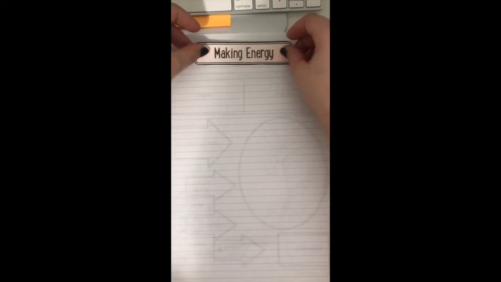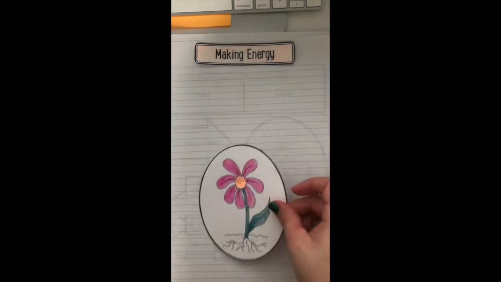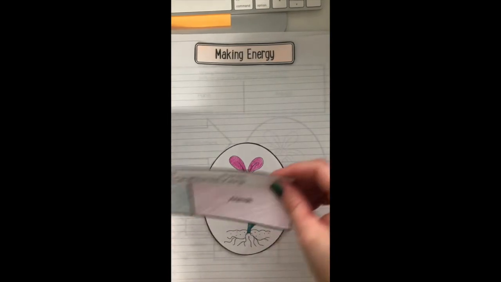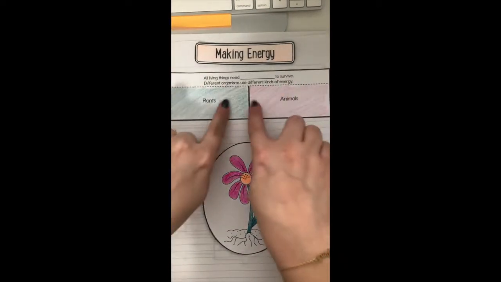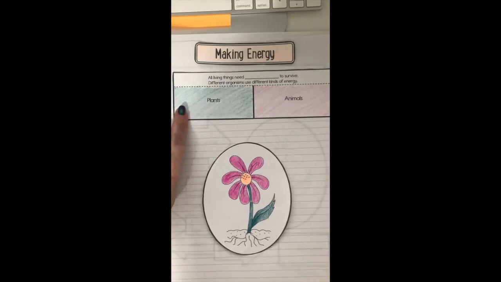So now that I've cut out all of my pieces, I'm going to show you how to place them and how to fill out our missing word. I'm going to put our flower here. For this tab right here, what you're going to do first is it says all living things need blank to survive.